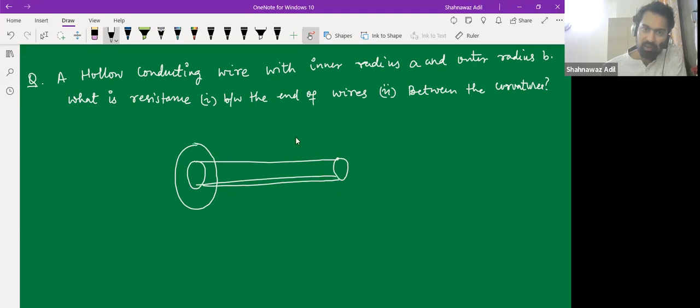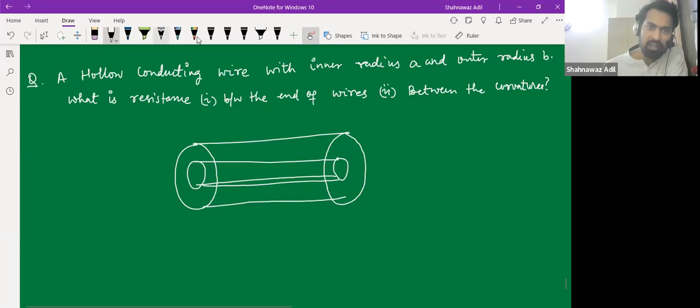And then we have this. Okay, so this is a hollow cylinder. This part is empty.